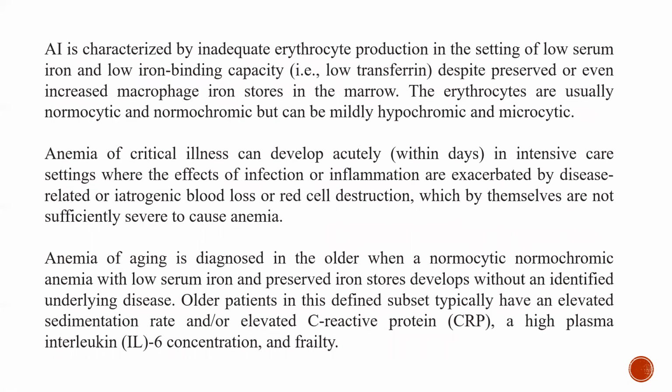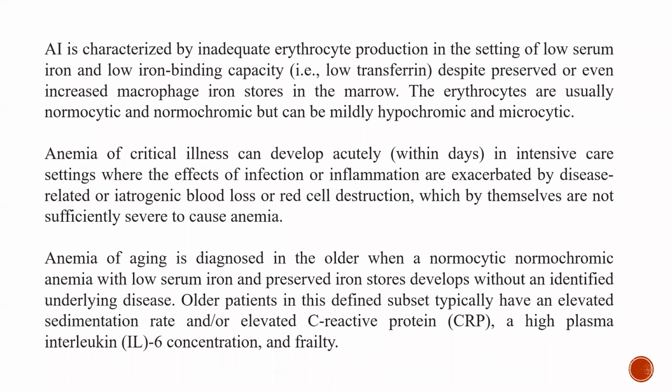This anemia is characterized by inadequate erythrocyte production in the setting of low serum iron and low iron binding capacity, despite preserved or even increased macrophage iron stores in the marrow. The erythrocytes are usually normocytic and normochromic, but can be mildly hypochromic and microcytic.